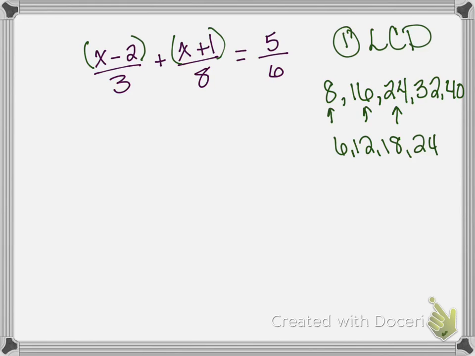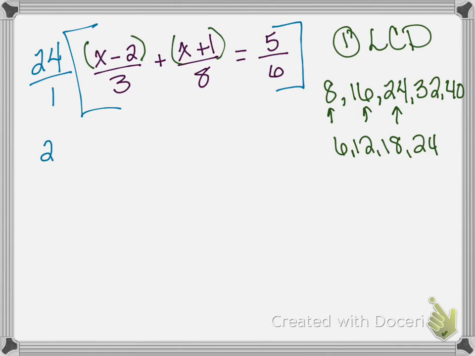Now, again, we are going to multiply each individual term by our LCD, which is 24 over 1. So we're going to multiply everything by 24 over 1.